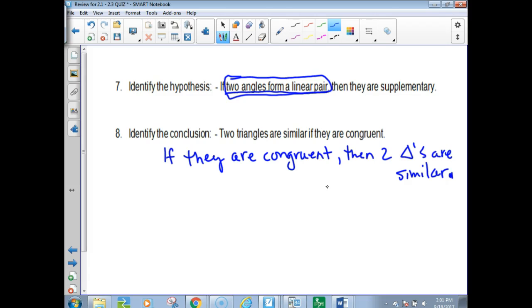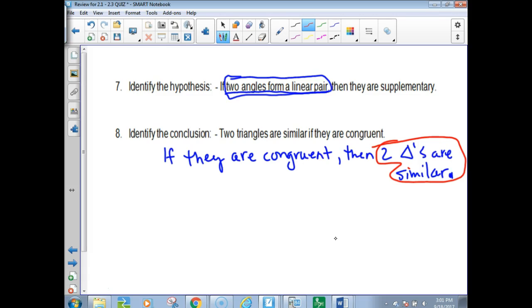The conclusion of this statement is the part after the then. And I rewrote this in if-then form. So it's going to be two triangles are similar. That's the conclusion of the statement. The hypothesis was that they are congruent.